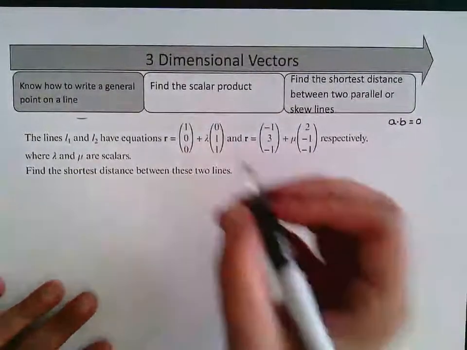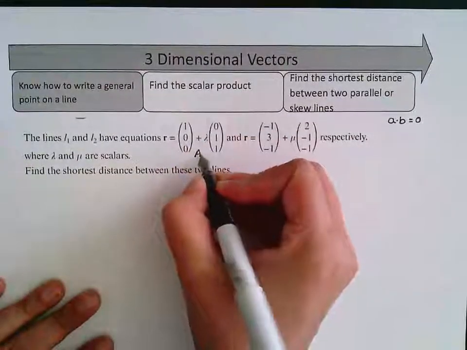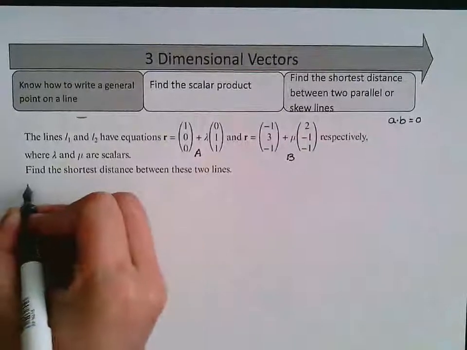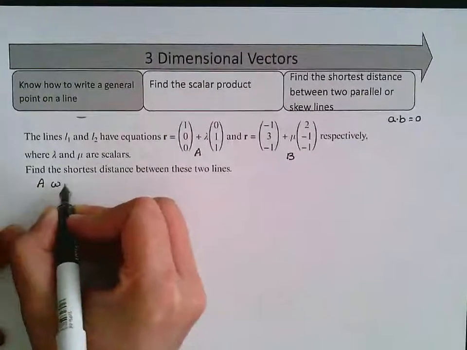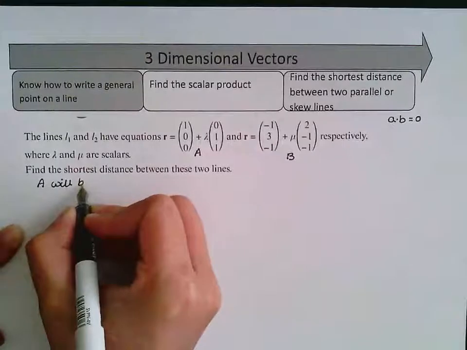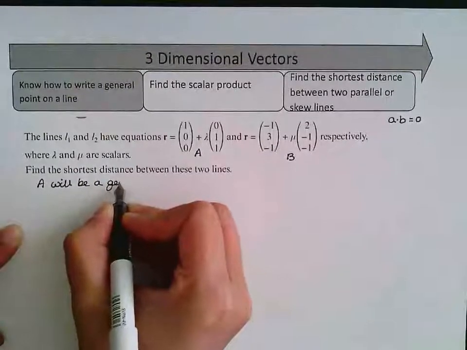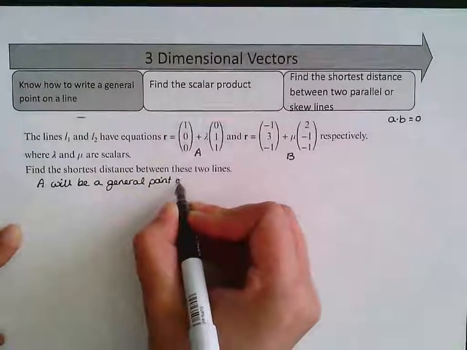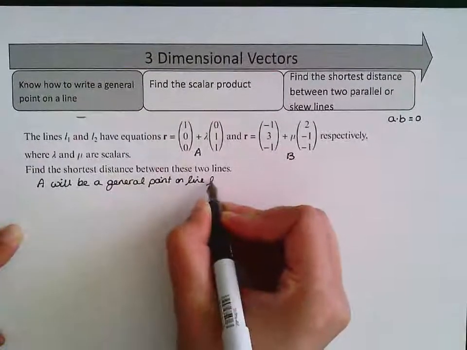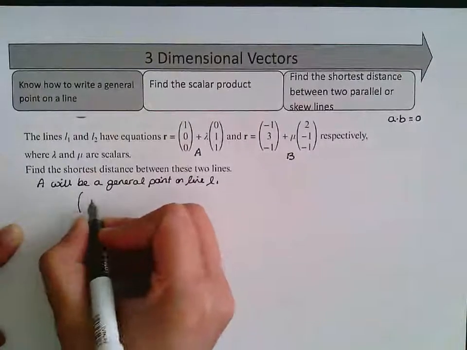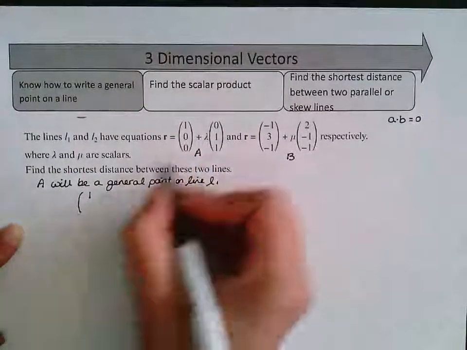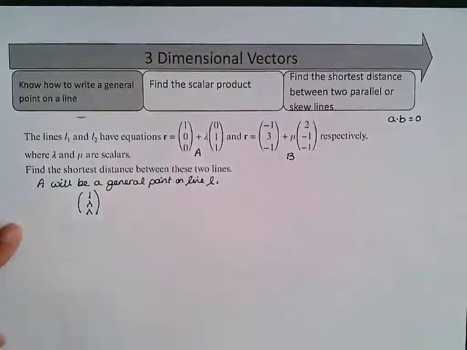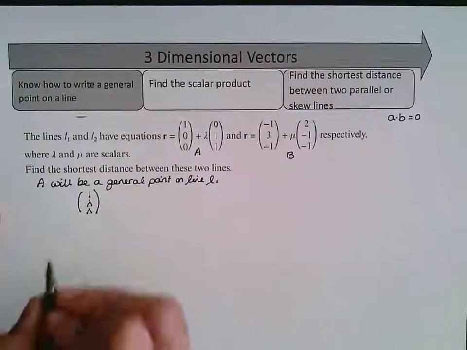I'm going to call this A and call this B. So A will be a general point on line L1. The general point would be 1, lambda, lambda. That is a general point, so that is a positional point.